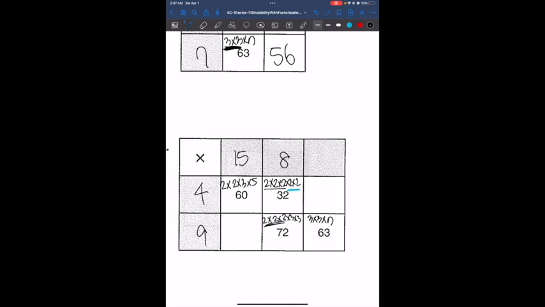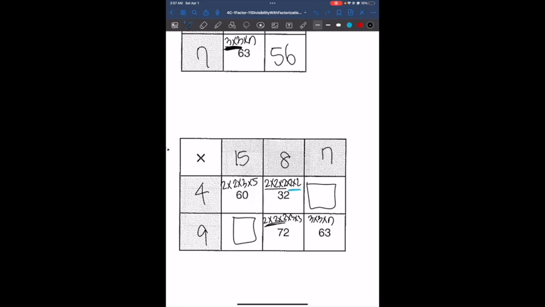And then we know that 9 times this square must equal 63, and 9 is 3 times 3, so the remaining 7 has to go in this square. And so we can figure out these two boxes by doing 7 times 4, which is 28, and 15 times 9, which is 135.